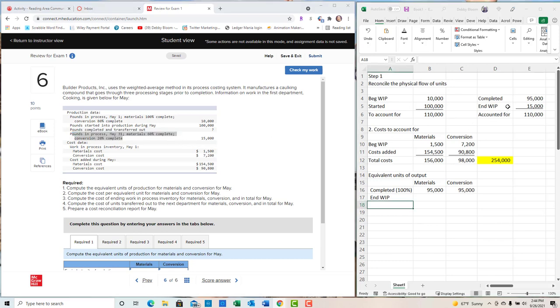I have 15,000 units in that ending work in process. For materials, I take the 15,000 units and multiply by 60%.